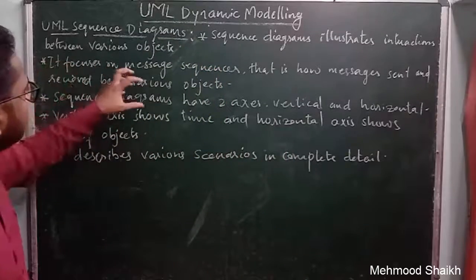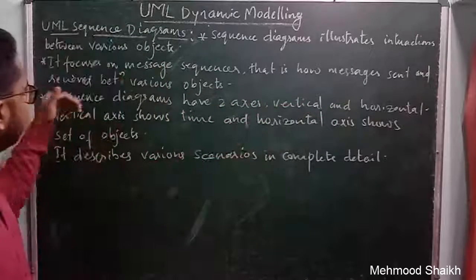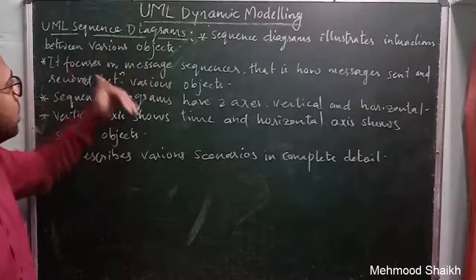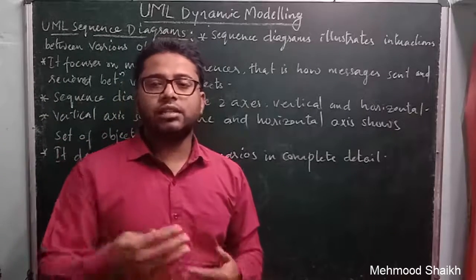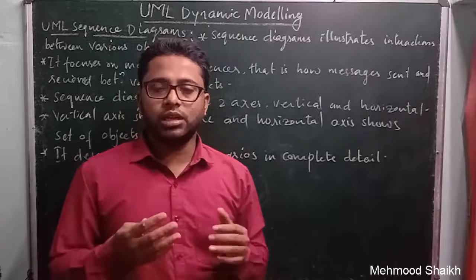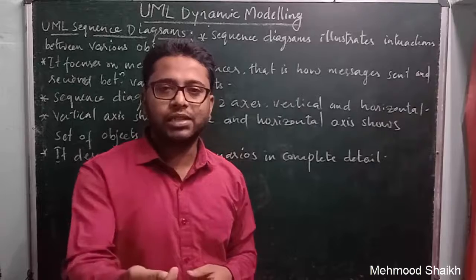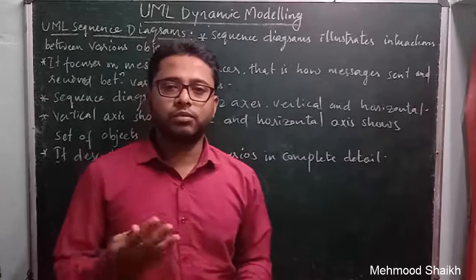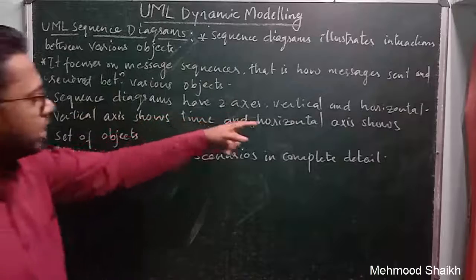It focuses on message sequences, that is, how messages are sent and received between various objects. This sequence diagram mainly focuses on sending and receiving messages, how the user will be interacting with the system in terms of sending messages and receiving output from the system. Next, sequence diagrams have two axes, vertical and horizontal.